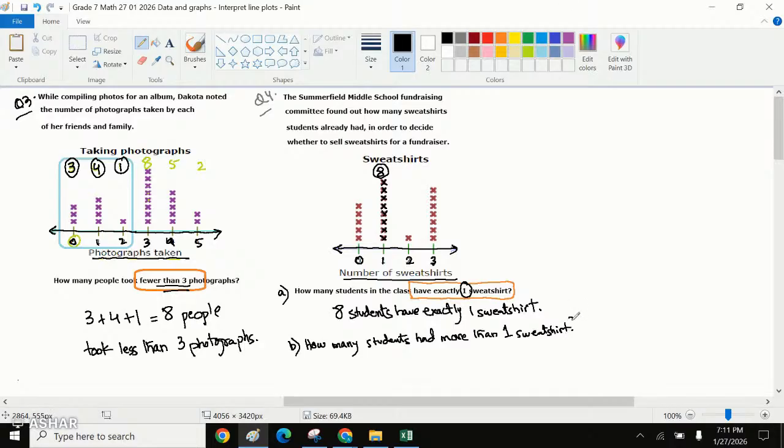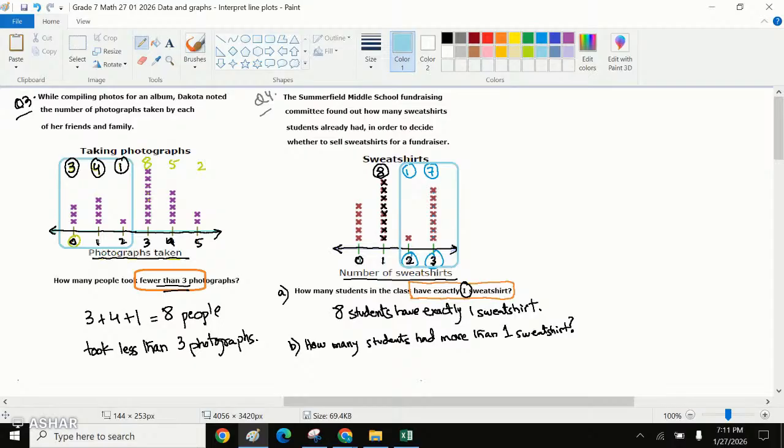That means more than 1 would mean they can have 2 sweatshirts, that was by 1 student, or they can have 3 sweatshirts, 1, 2, 3, 4, 5, 6, and 7, right? Agreed? That means these students who had 2 sweatshirts or 3 sweatshirts had more than one, right?